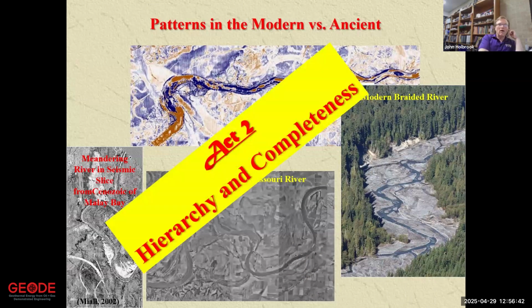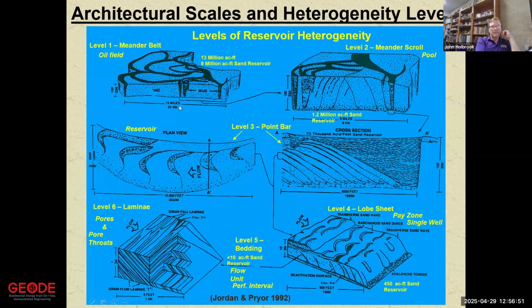Okay, there we go. So now, hierarchy. This is something that we have to deal with when we understand reservoirs. What do I mean by that? In any given sedimentary body, regardless of whether it's a carbonate reef, a river system, or an alluvial fan, in all cases, what you find in a reservoir is a bunch of smaller pieces snapped together into bigger pieces, snapped together into bigger pieces, making bigger pieces.